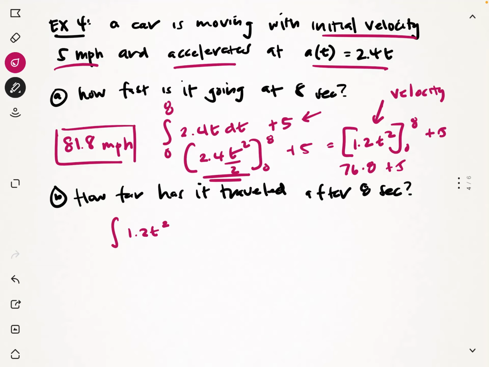Oh, and we have to take the absolute value of it, right? Because we're talking about total distance traveled. So 0 to 8, sorry. And then we're going to do the integral of that.